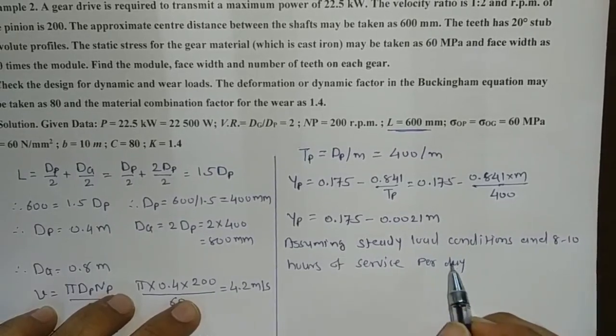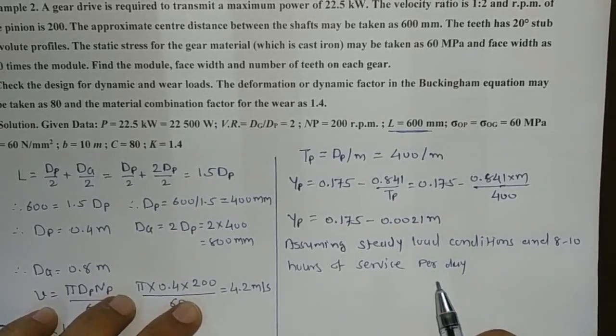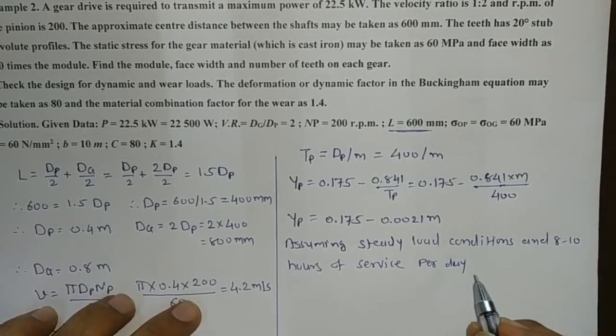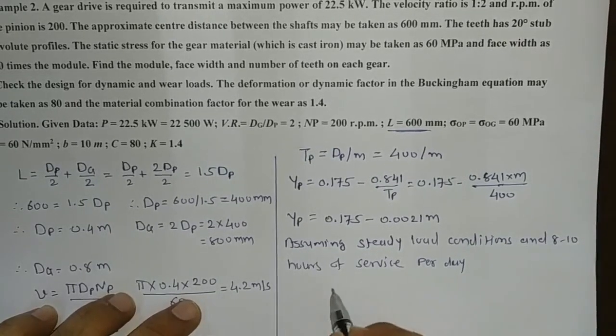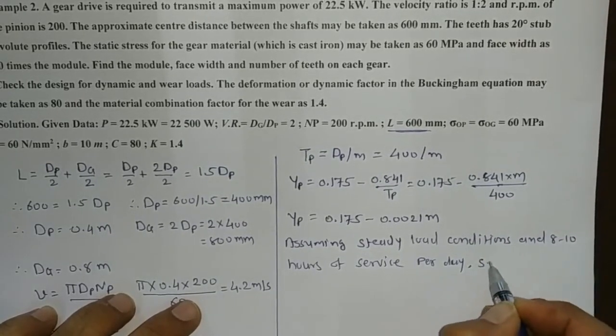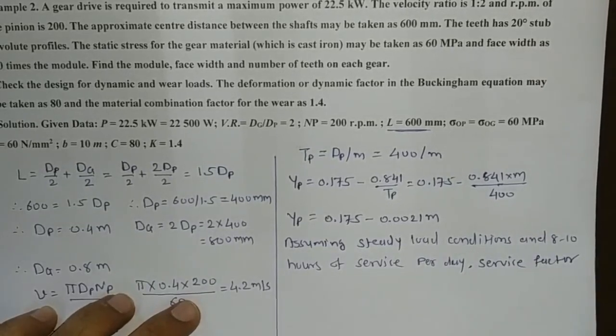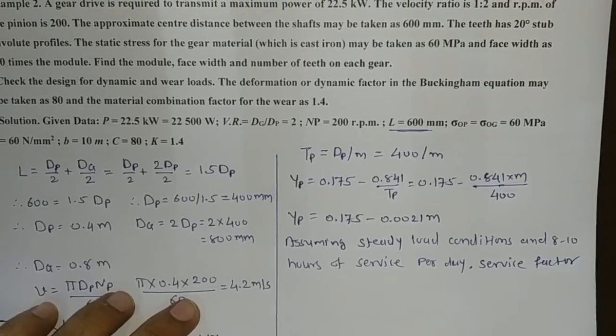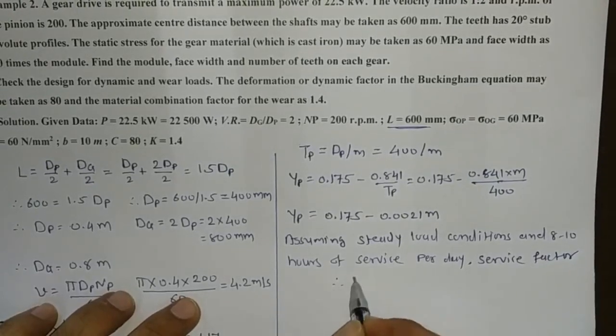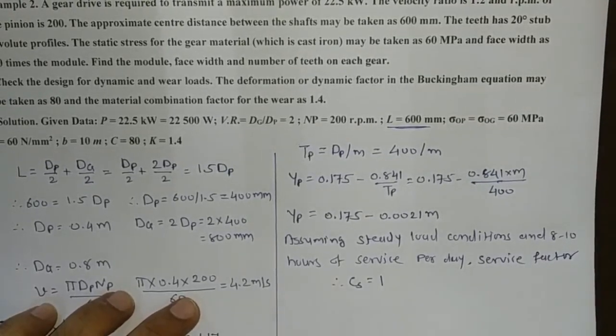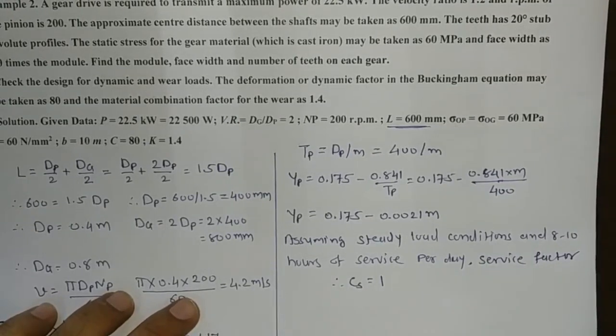Therefore the service factor, we have to choose from the design data book or from the table. So CS is equal to 1. We have taken the value of service factor CS is equal to 1.